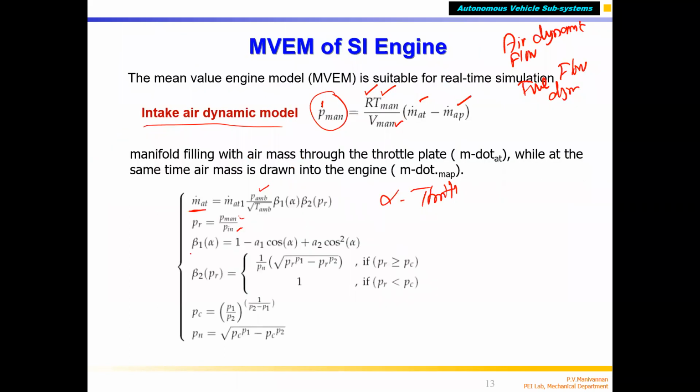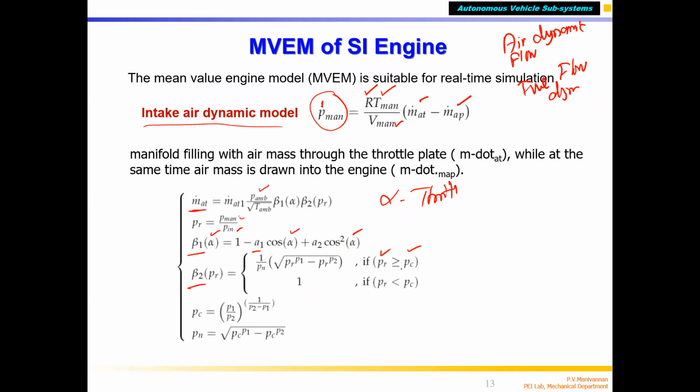So what is beta 1? Beta 1 is a function of alpha, the throttle angle. That is given as 1 minus A1 into cos alpha, the throttle opening, plus A2 into cos square alpha, again the throttle angle. So what is B2? B2 depends upon PR and PC. PC is the air pressure inside the combustion chamber.